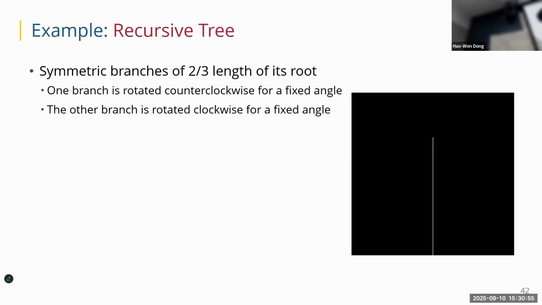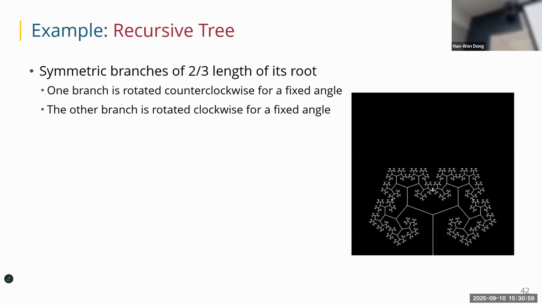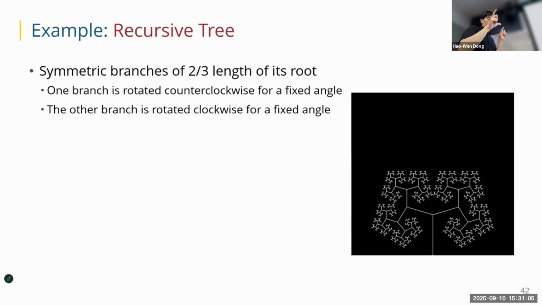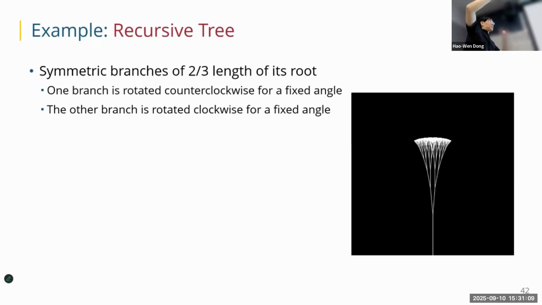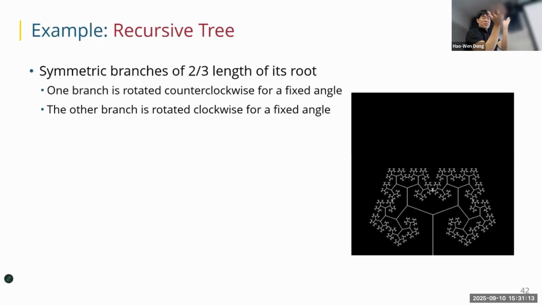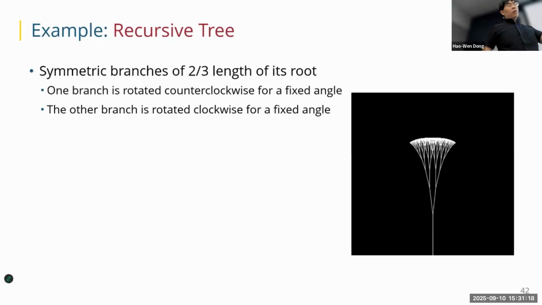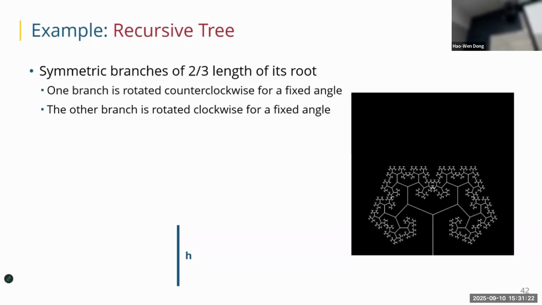So this is another example about a recursive tree. You can also use recursion for this. This is a perfectly symmetric one. You can also determine the relationship between the right trunk and the left trunk, and you can have some angle of difference. How you draw this is, you start with this edge.